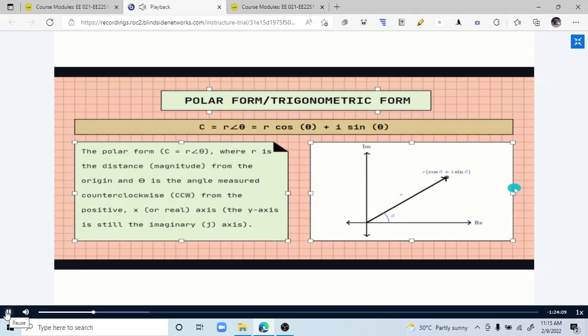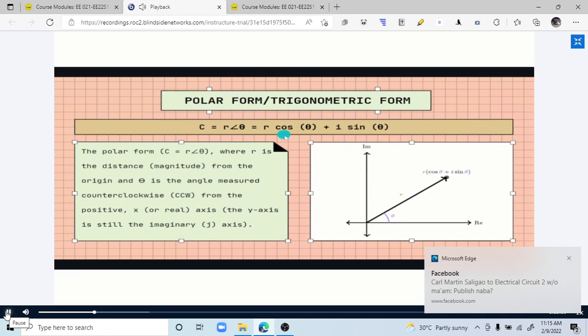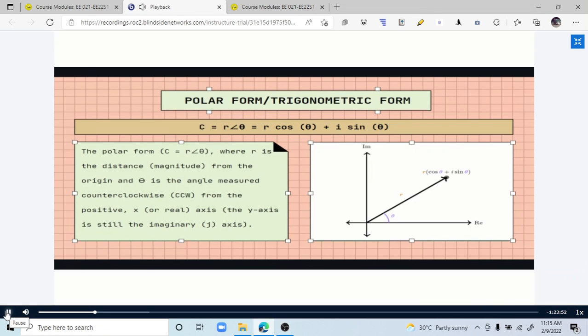Now we also have the polar form, or the trigonometric form. In other books, polar form is just this one, and trigonometric form is just this part. That's why they are separated into two entities. But at least understand this one: r angle theta is also equal to r cosine theta plus i sine theta, or in other books this is interpreted as r cis theta.